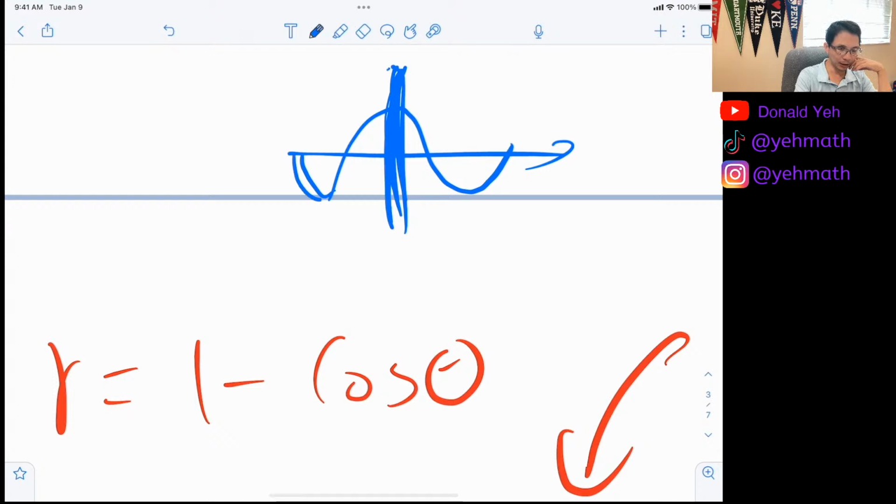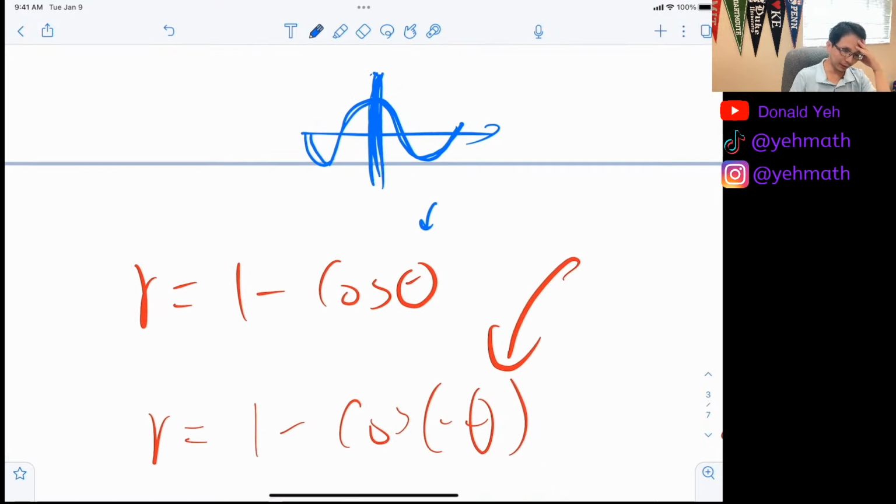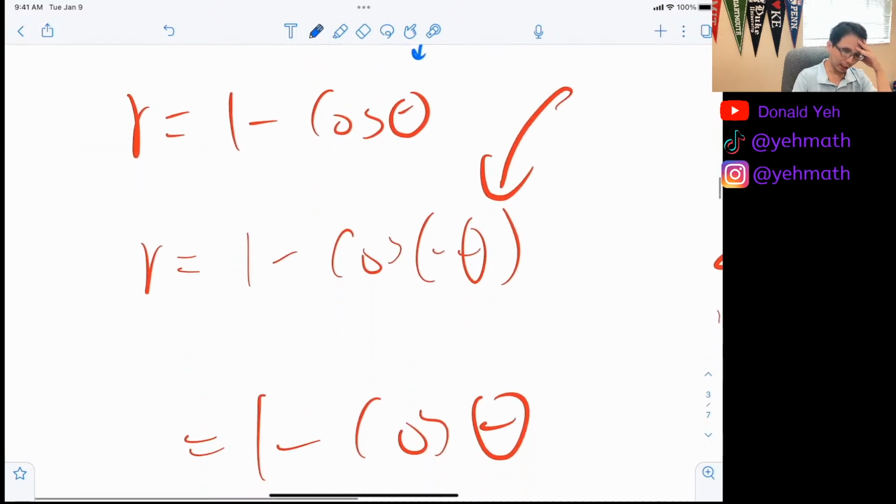So even is going to be fine here. This is even, so if I plug in negative theta, it's going to go back to the original cosine of theta. I go back to the original state. If it goes back to the original state, this is symmetry to what?